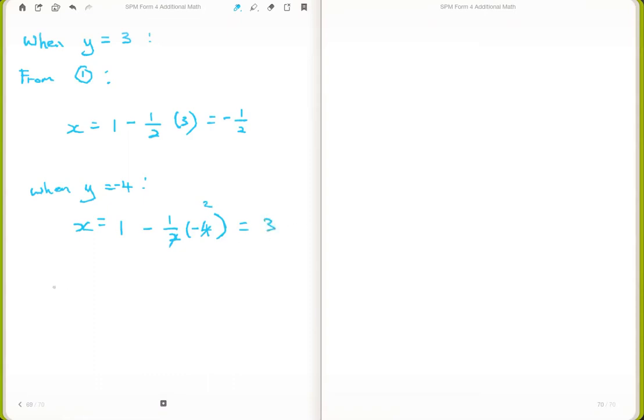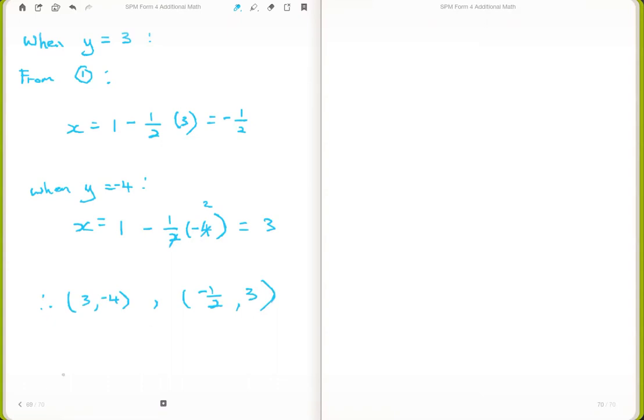Therefore, the solution is: when x is equal to 3, y is negative 4, whilst when x is negative half, y is 3.